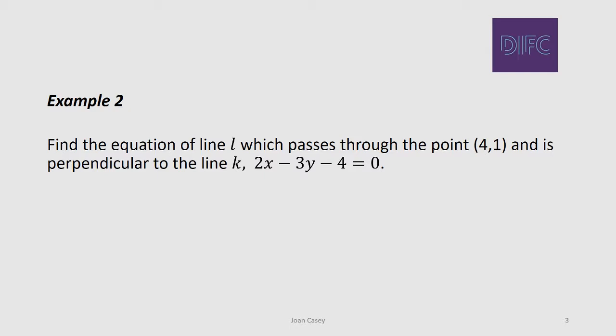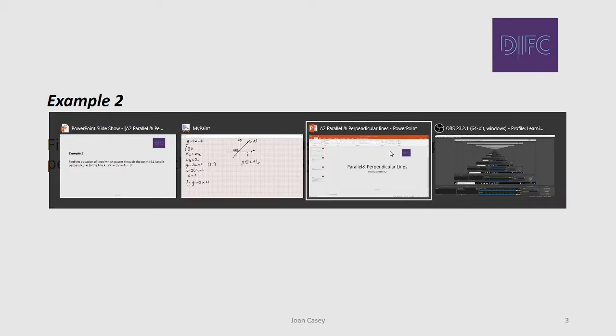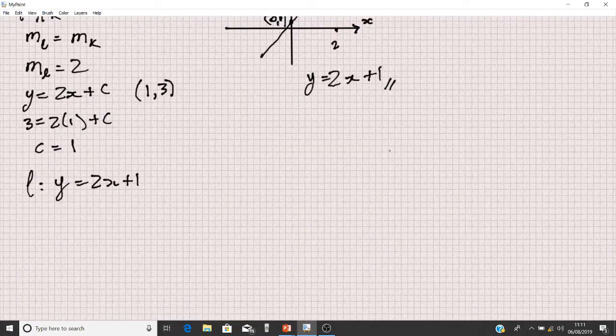Okay, so we go across to the MathPad for this example, and we're looking now to find the slope of K first. So K, we were told, is such that 2x minus 3y minus 4 equals 0.